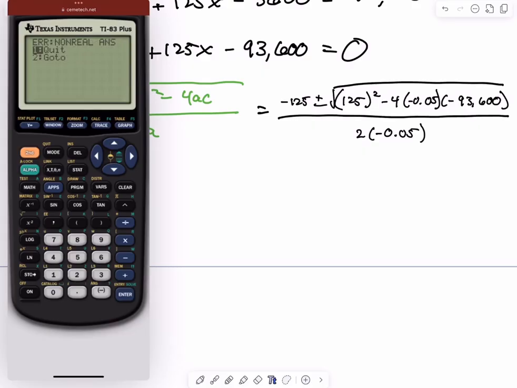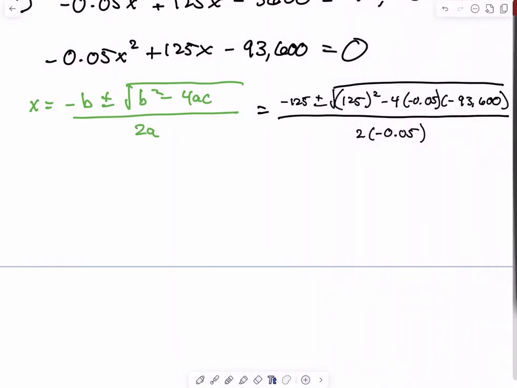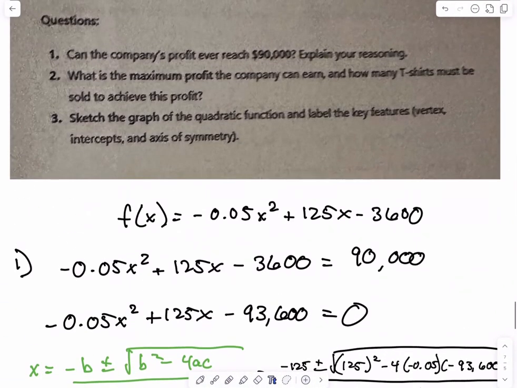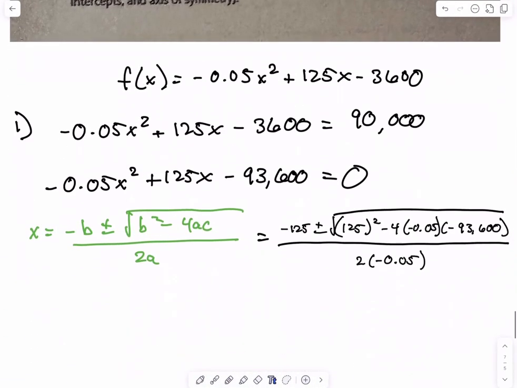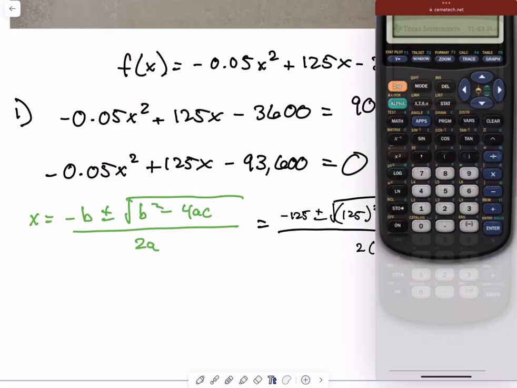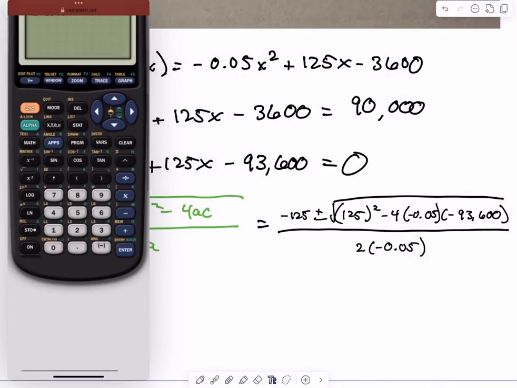So we said, oh, not a real answer. I think that's whether it's a plus or a minus, because the discriminant is negative. So then that backs us up, right? It says, can the company's profit ever reach 90,000? We would say no, because the discriminant is negative.